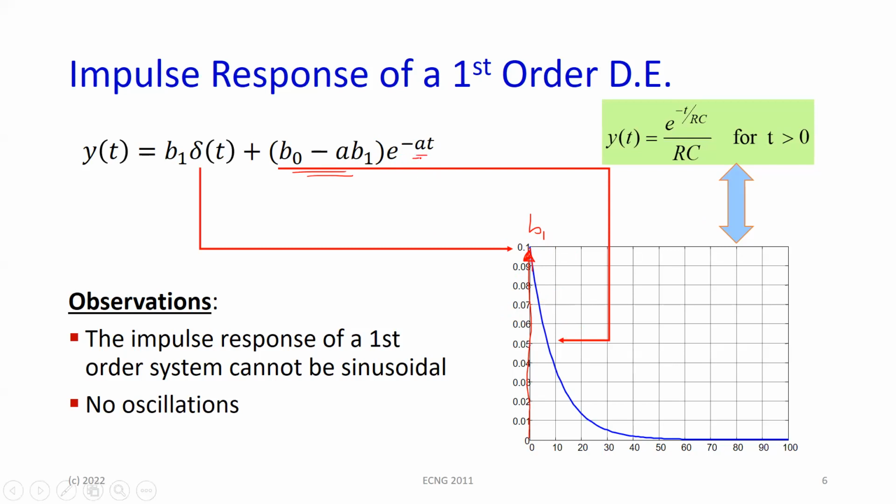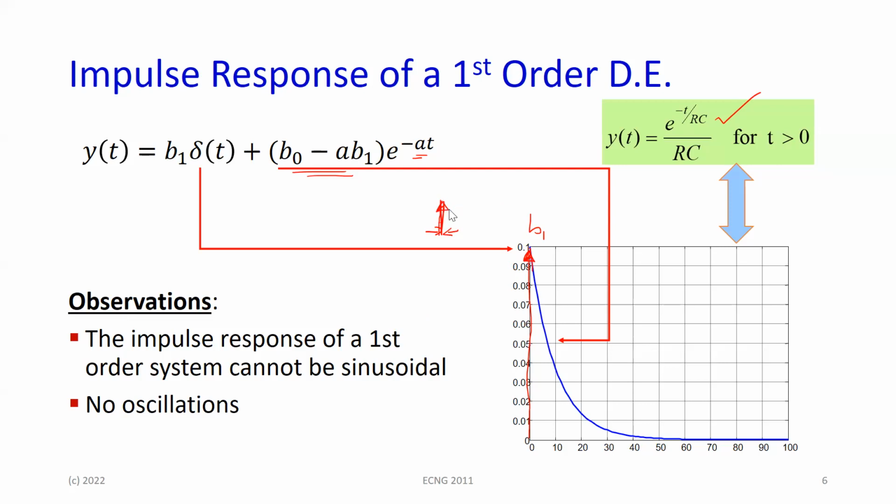The important thing here is that this is the kind of response of a first order system. For instance, a simple RC network gives you that sort of behavior. If you turn it on and you supply an input to it, the capacitor will attempt to charge very quickly, but the duration of the impulse is so short that the capacitor just charges very quickly, and then there's nothing else on the system.